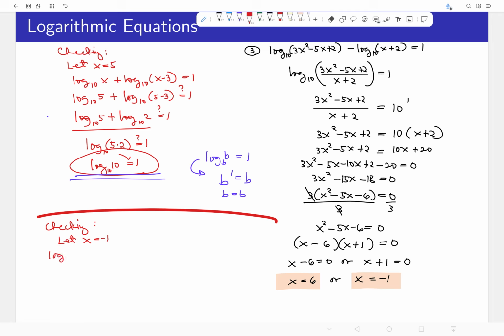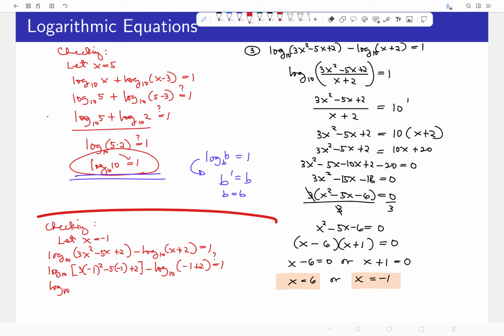So the original equation is this one. Substitute. That's negative 1, right? Simplify.